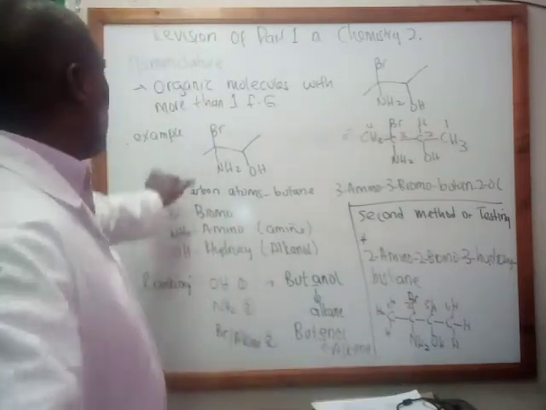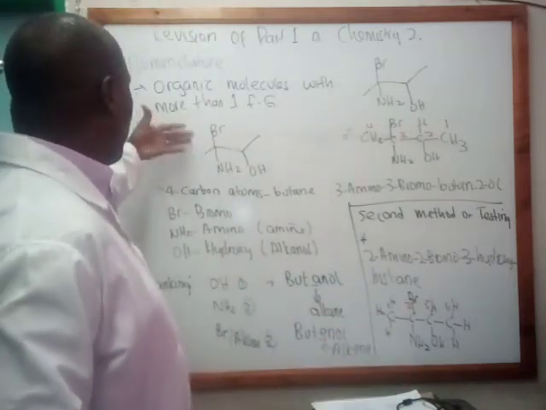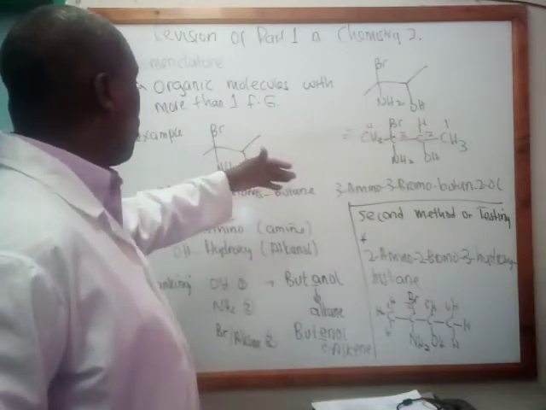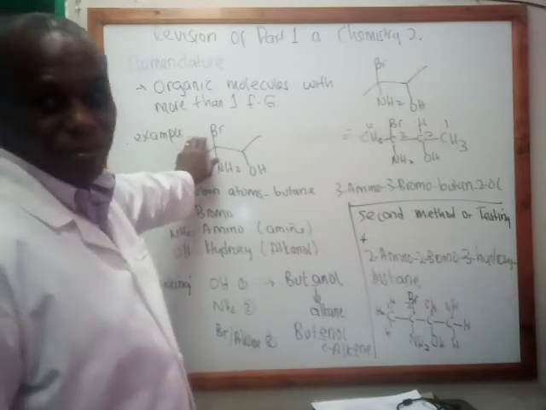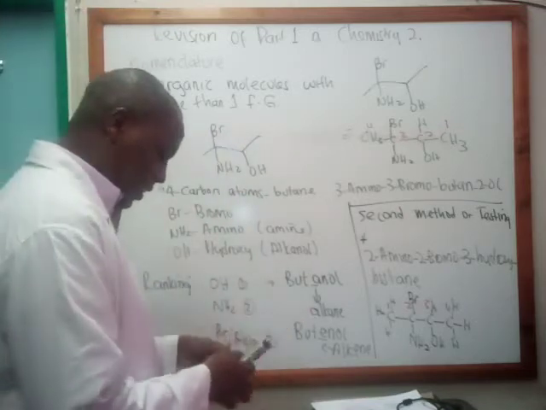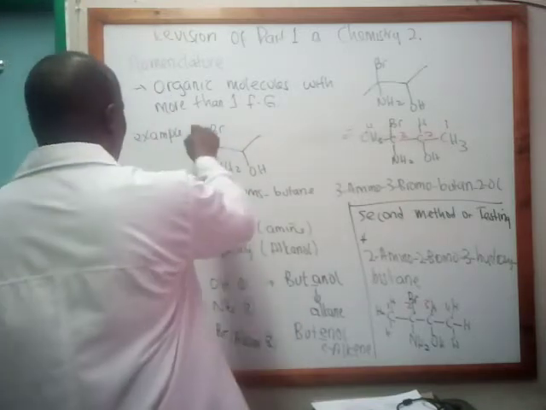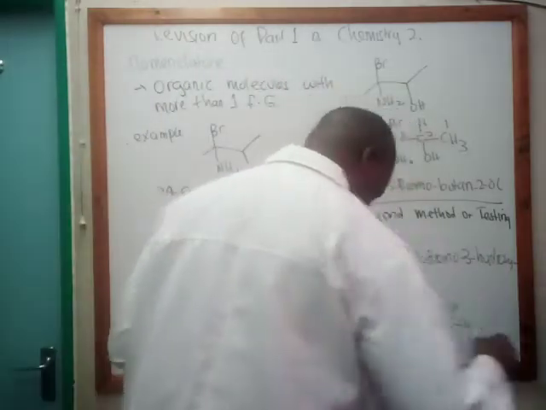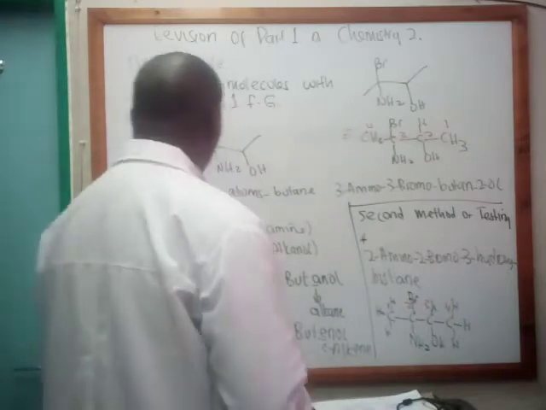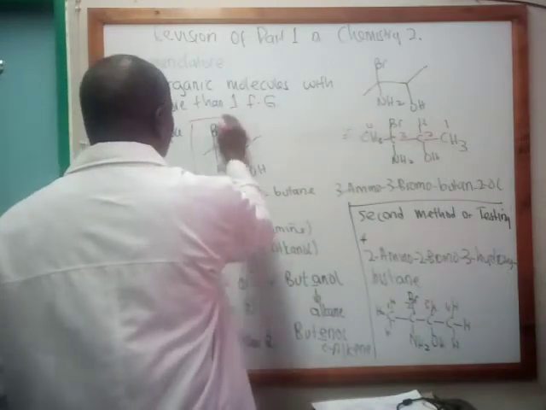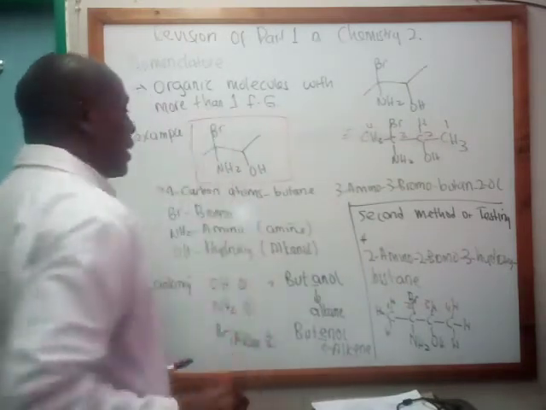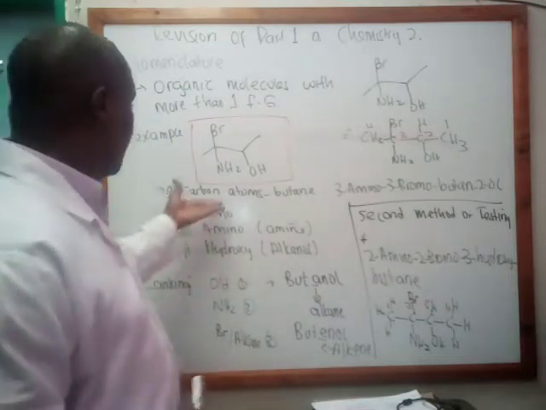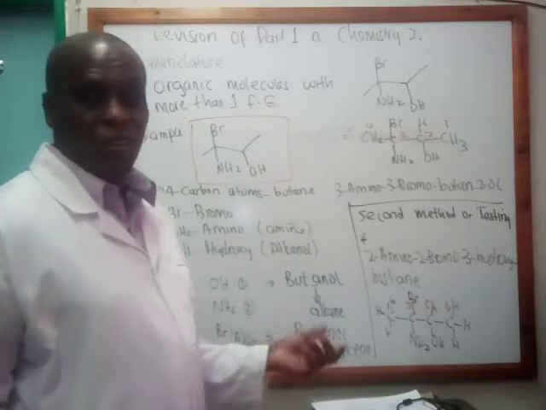One of them is that you can be given a structure, like in this case. Okay, let me highlight it. This pen is not working, let me use this. So you can be given a structure, and then you're told to come up with a name.